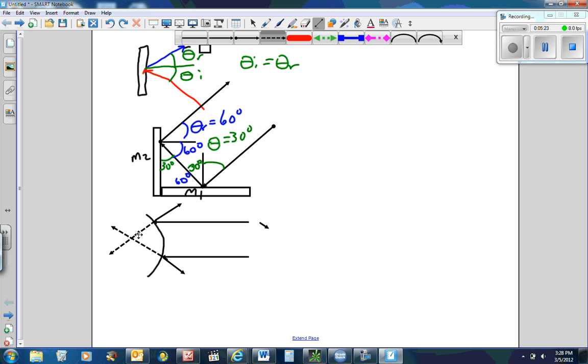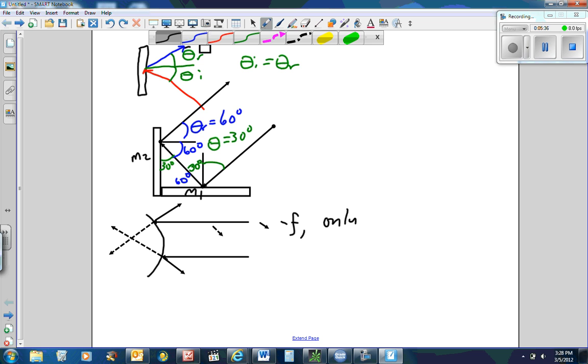Well, this is a negative, so what do we know about these? We know they have a negative focal length. We know that they make only a smaller virtual image. We know a virtual image is one that's upright.